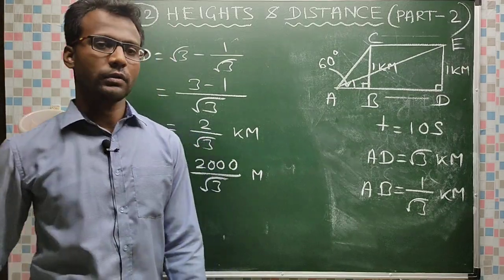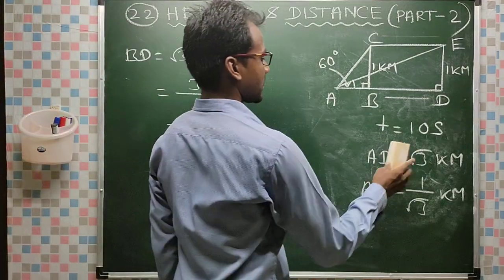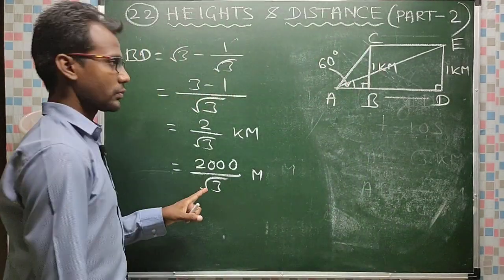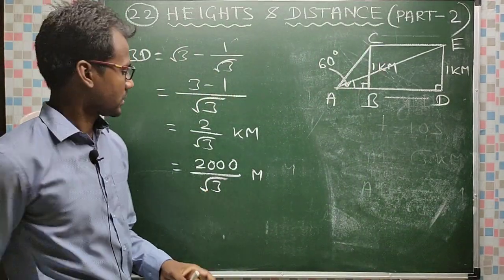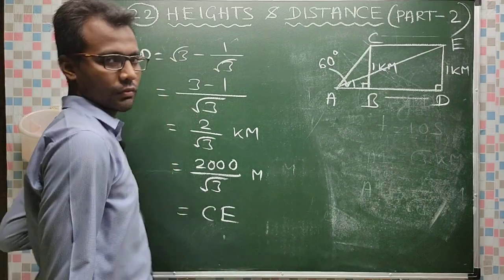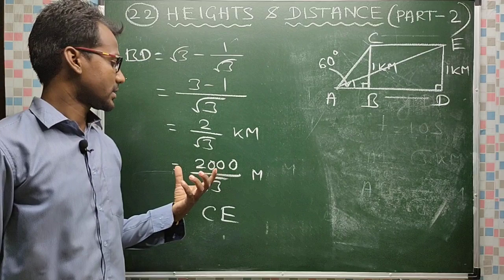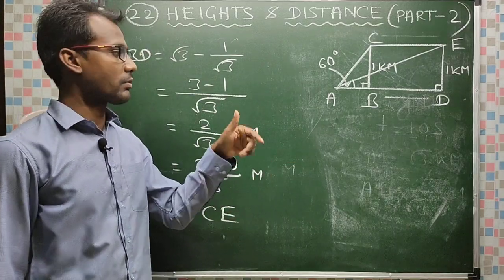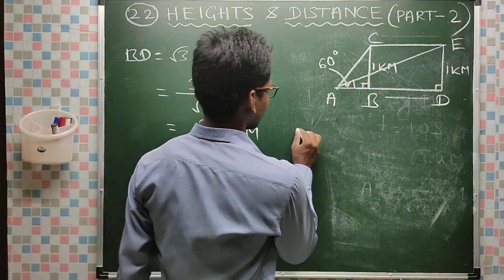Okay. Now you can calculate the speed. Time is 10 seconds. Distance is 2000 by root 3. And this is equal to CE, which we wanted. The aeroplane has covered this distance 2000 by root 3 meters in 10 seconds. So now you can calculate the speed.